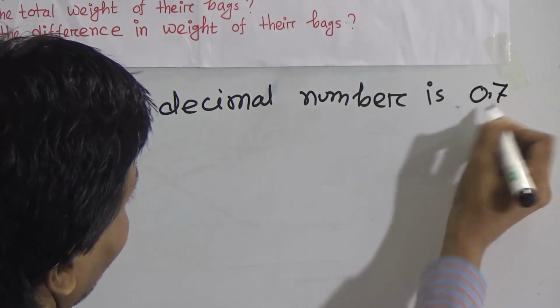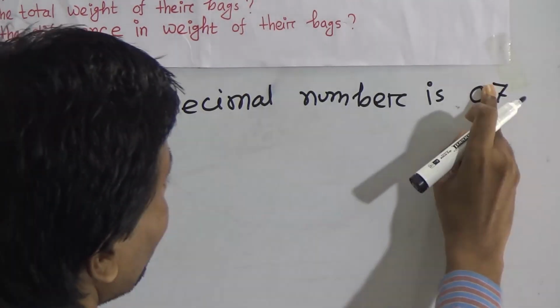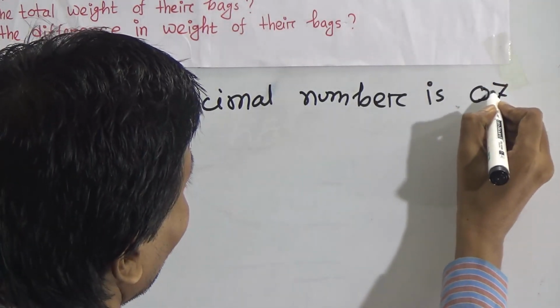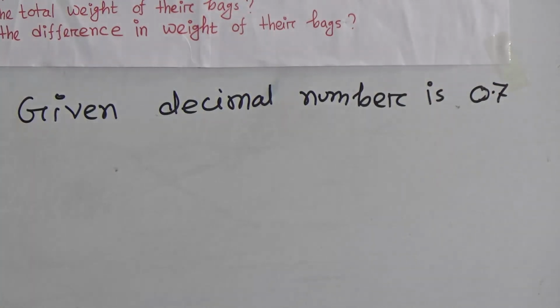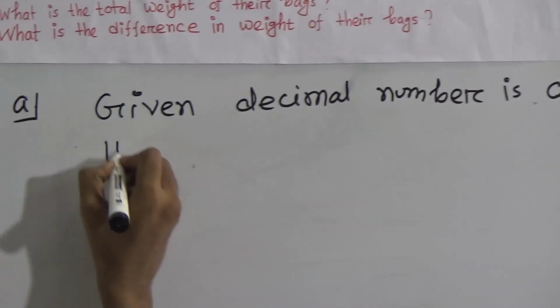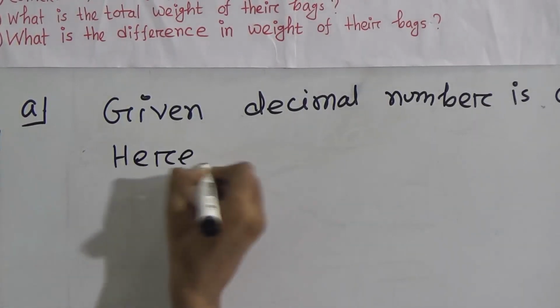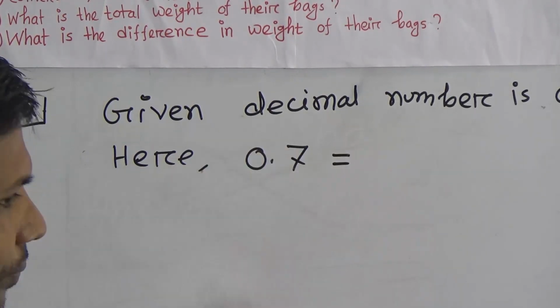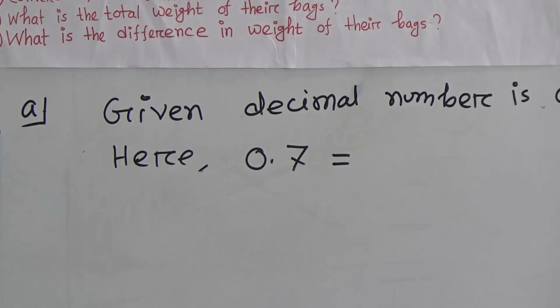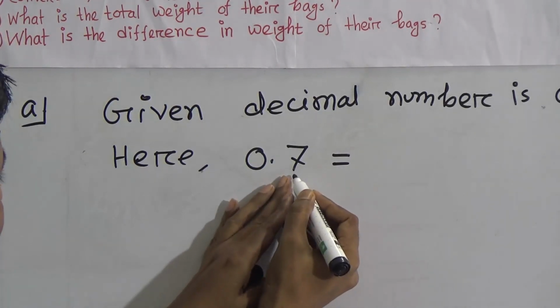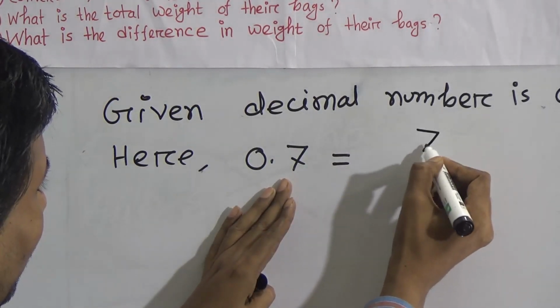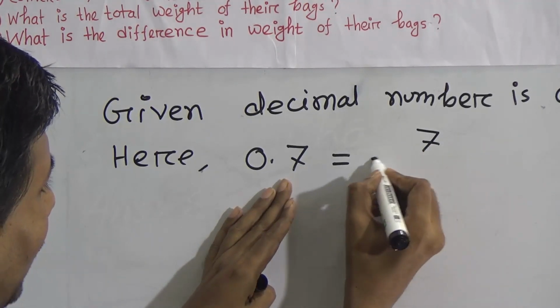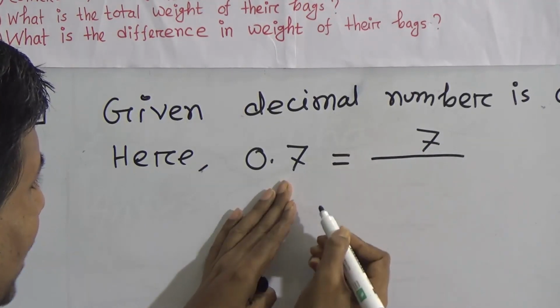0.7. Now write here 0.7 equal to what? You see, this is the integer number. At first you write here 7. Then give the bar sign.